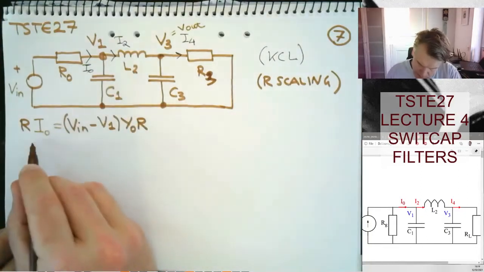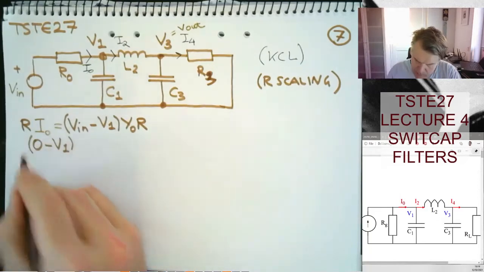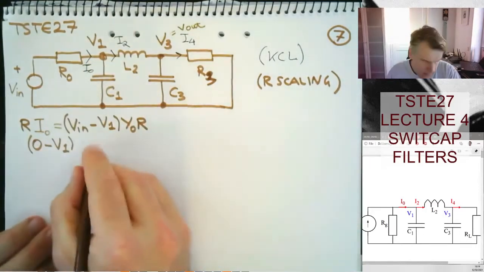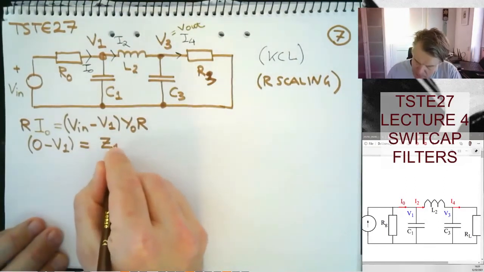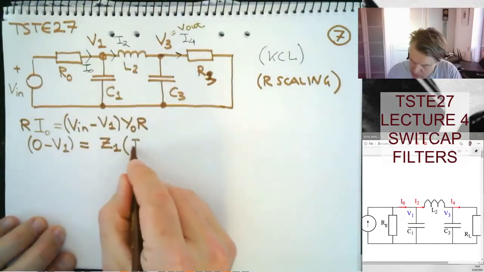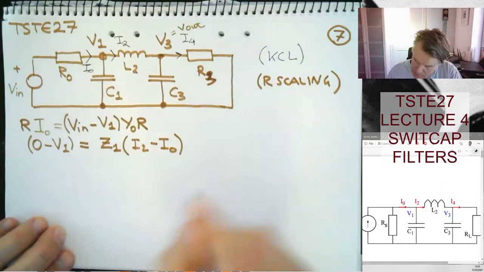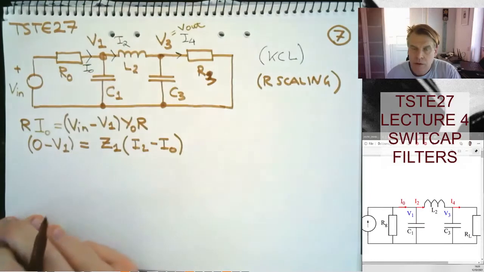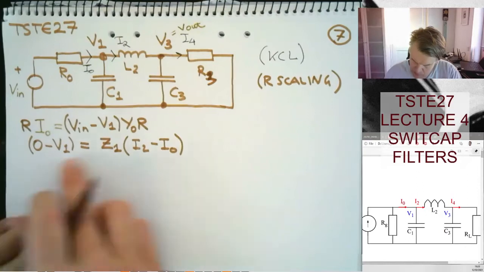That means that 0 minus V1, sorry, so the voltage difference here drawn in that direction, is then equal to Z1 times I2 minus I naught, like that. And Z1, well, that's the impedance of this node here. So I'm going to shortly replace it with 1 over S, but just for now.